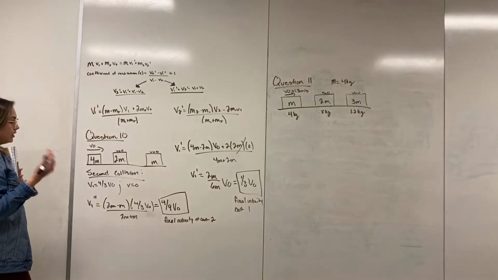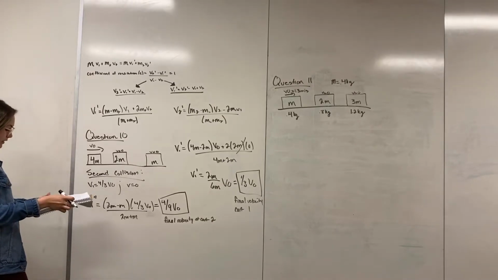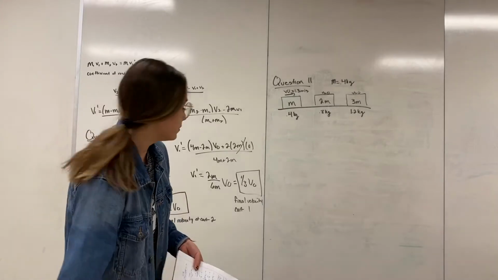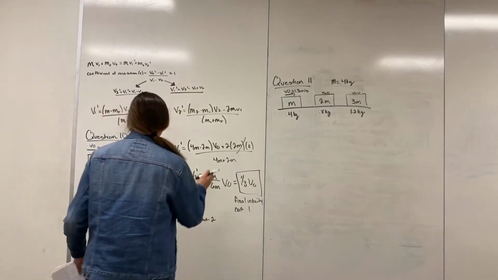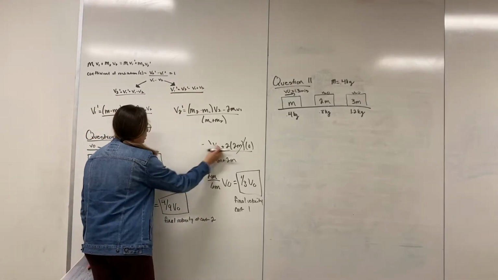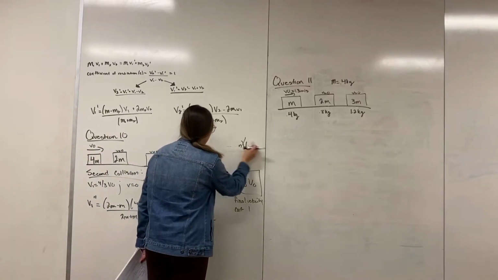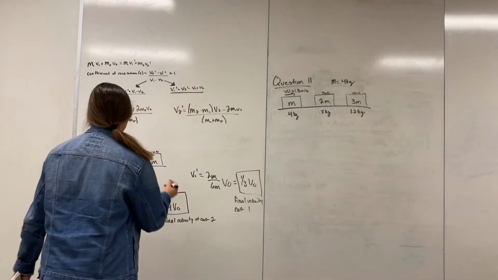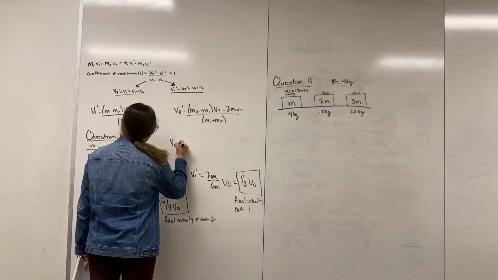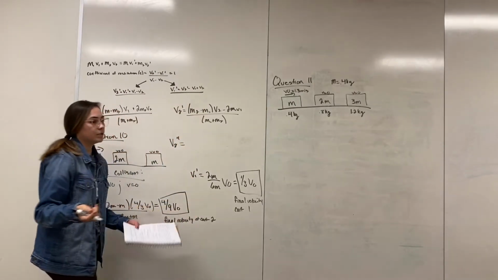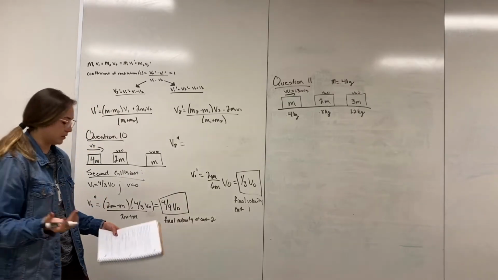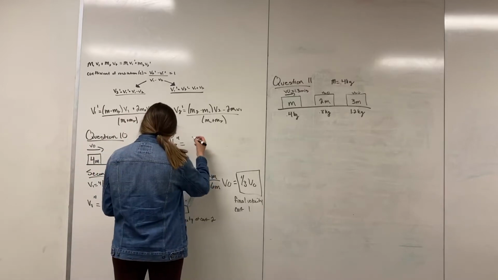And finally, we're going to solve for V2 double prime. I'm just going to go ahead and write it here. V2 double prime equals, I'm not going to put the first part of the equation as well because the V equals 0 and that's going to cancel out eventually.